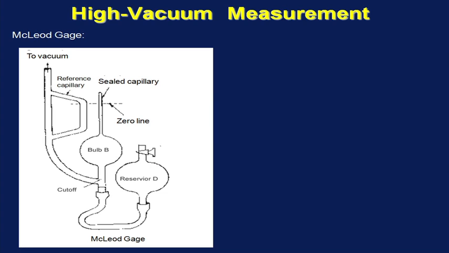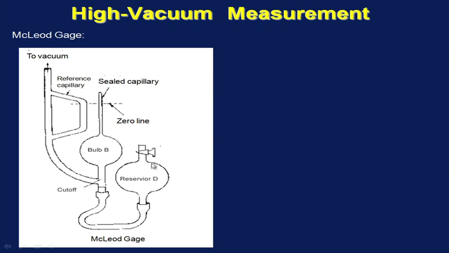So, the measurement starts as follows. First, we lower the reservoir sufficiently so that this entire part is filled with the gas, and then we raise the reservoir. As we raise the reservoir, the mercury layer goes up, and when it crosses this point, this part gets disconnected from this part.